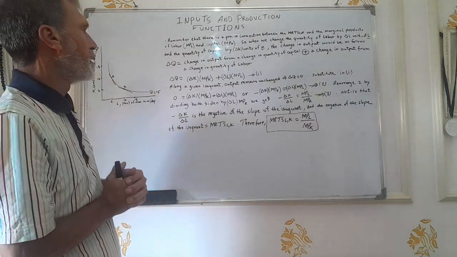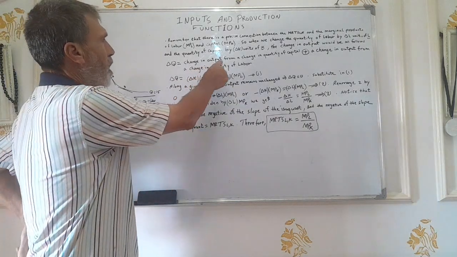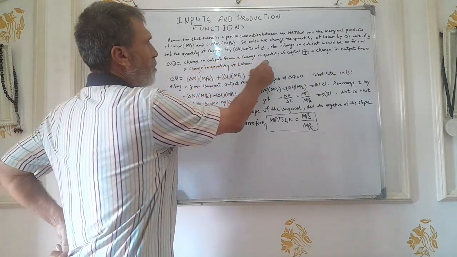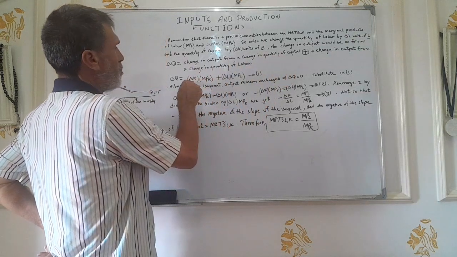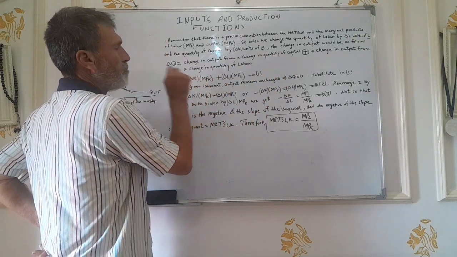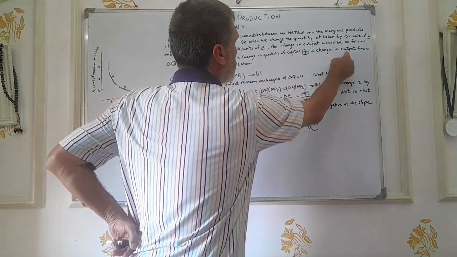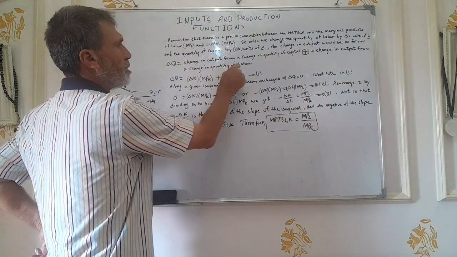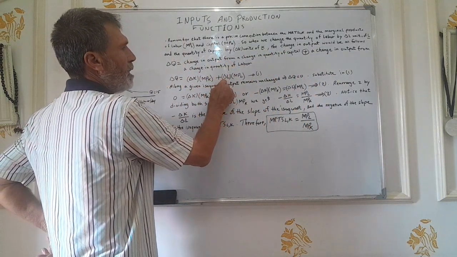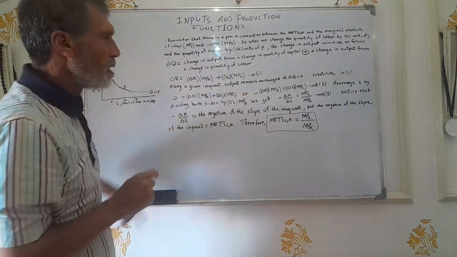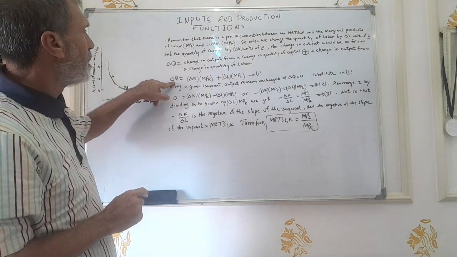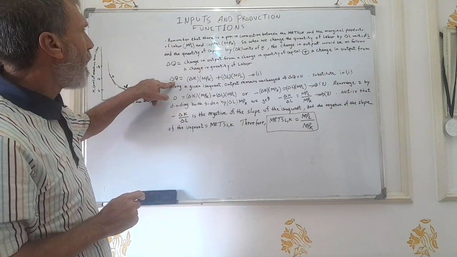Okay? Great. So the change in output from a change in the quantity of capital is equal to delta K times MPK. And the change in output from a change in the quantity of labor is equal to delta L times MPL. So this is the change in the quantity of output.